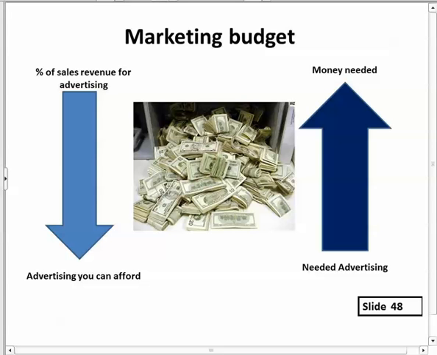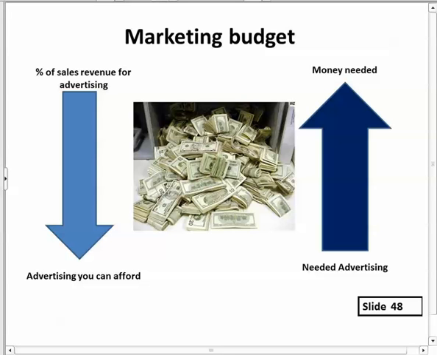And you might find that some industries will devote 2% of their sales revenue to advertising. Other businesses may devote 7% of their sales revenue to advertising. So the money's got to come from somewhere. And remember, you've got all these other expenses of generating your sales, but you have to include the advertising too.